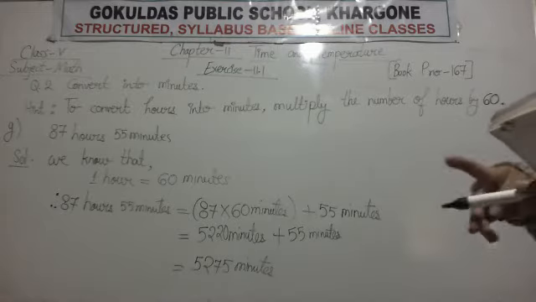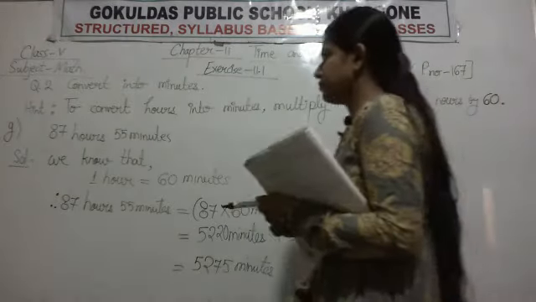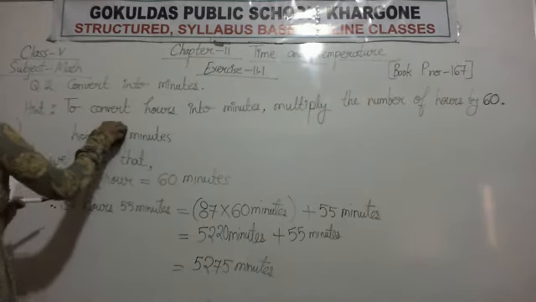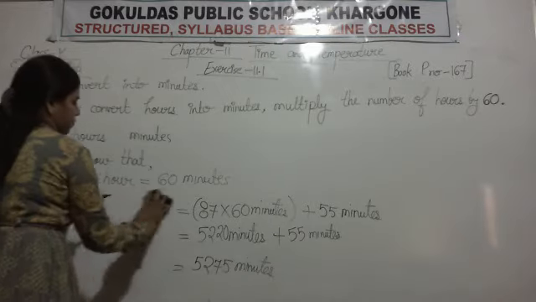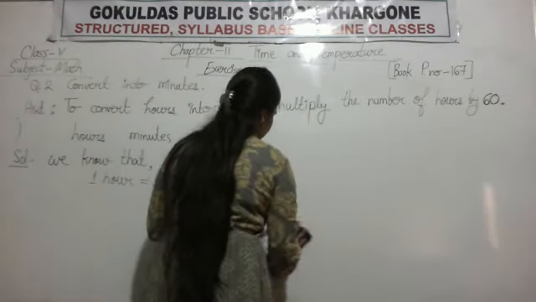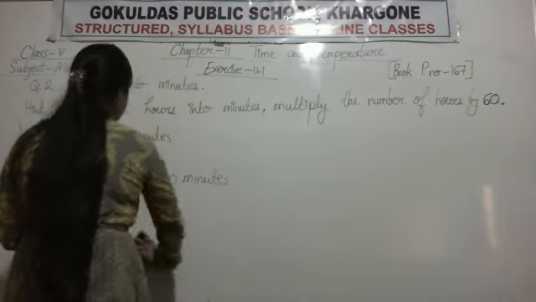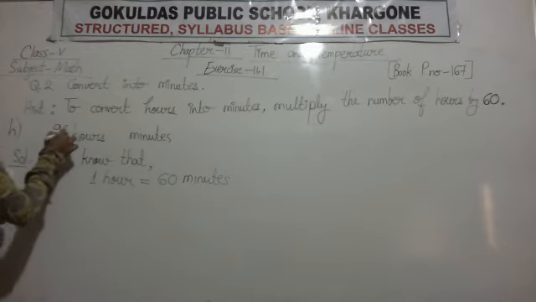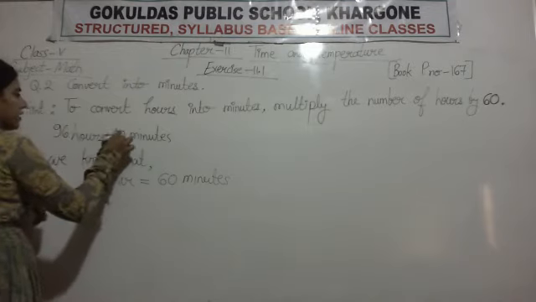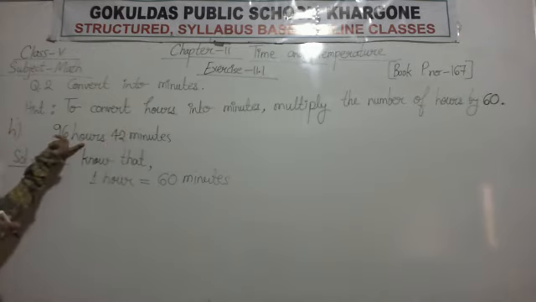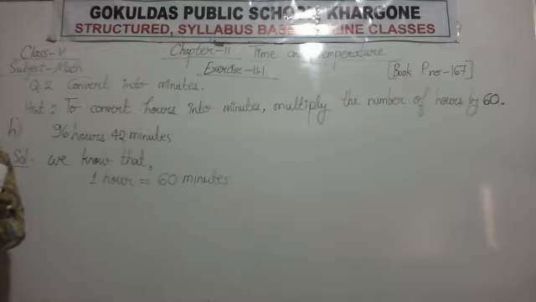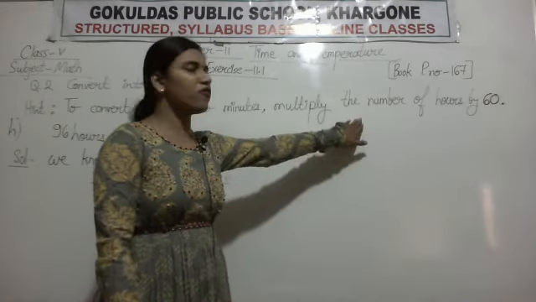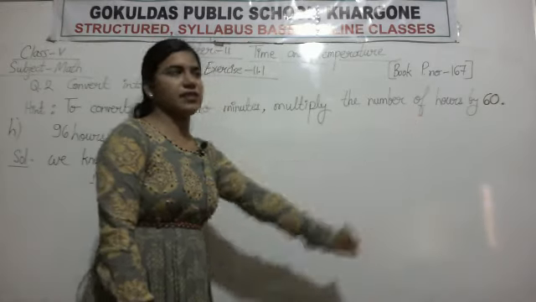Now we will solve question number 8. Given question is 96 hours 42 minutes. We want to convert 96 hours 42 minutes into minutes, and to convert hours into minutes, we multiply the number by 60.